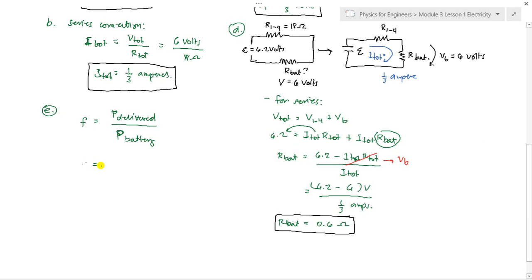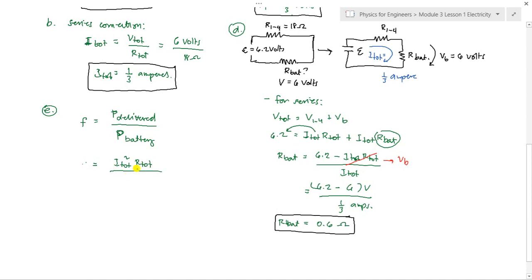So the power delivered is equal to the square of the total current, that is I total squared, remember I squared R, and R total.